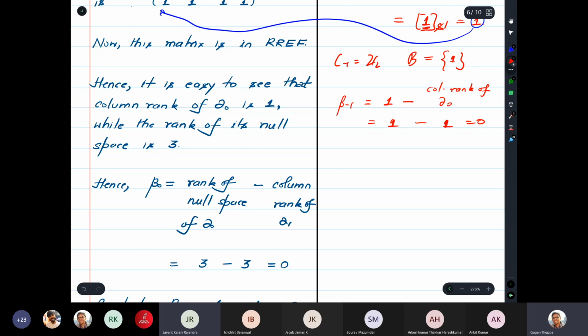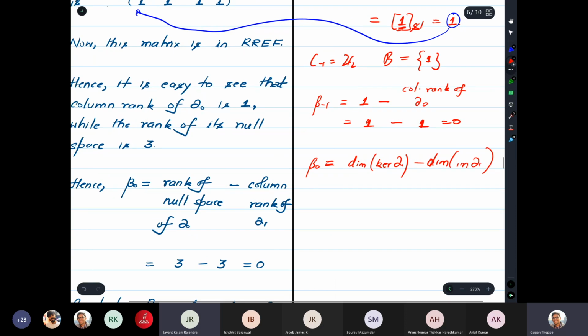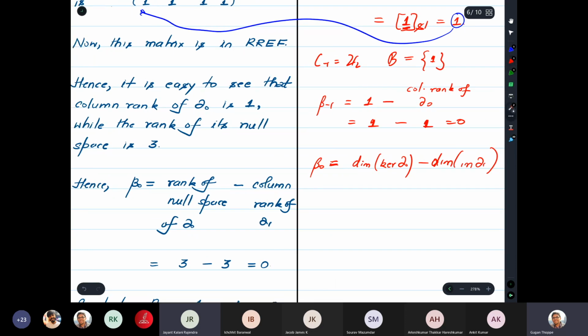On the other hand, beta 0 is the dimension of the kernel of Daba 0 minus the dimension of, sorry, not kernel, this should be the image of Daba 1. Now we haven't touched Daba 1 in any way, so whatever our calculation was before, we just have to use it.